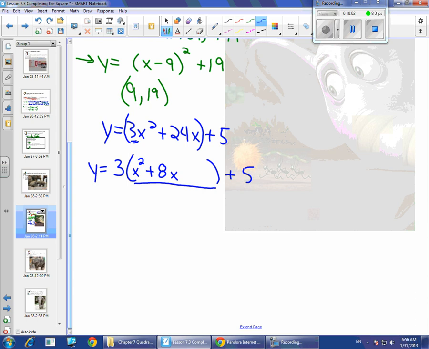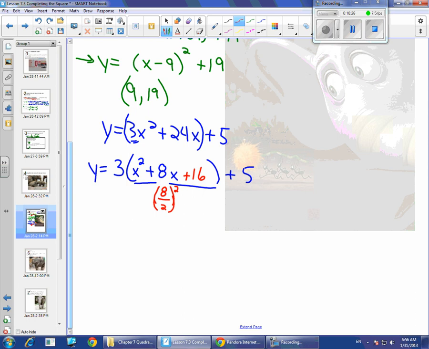Just like before, take that b term, divide it by 2, and square it. That's what gets added on. So in our case, it's 8 divided by 2 and squared. That's 4 squared, which is 16. So I'm going to add on 16.